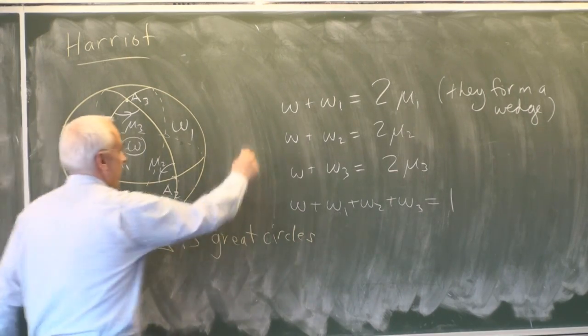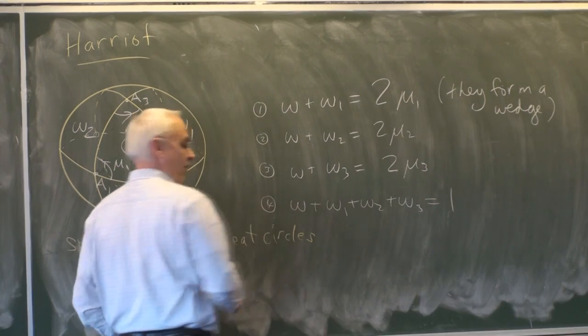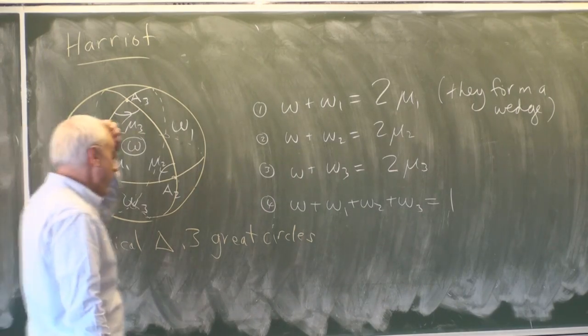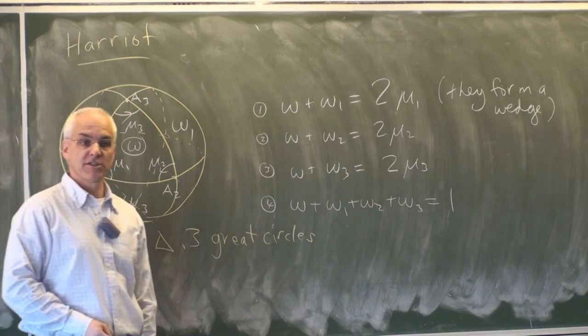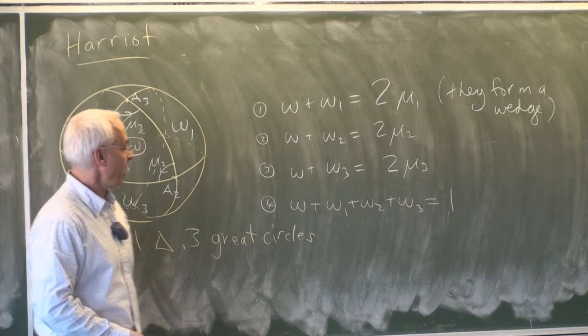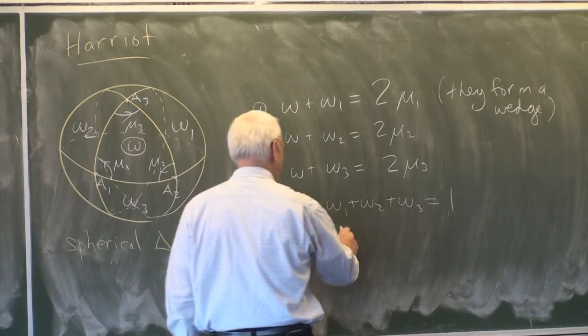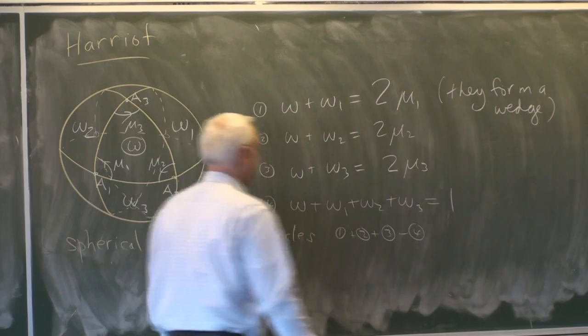All right, so we've got 4 equations, and now it's pretty simple to solve these 4 equations. What we can do is add the first three equations and subtract the 4th equation. Okay. So we'll take equation 1 plus equation 2 plus equation 3 minus equation 4. What does that give us?